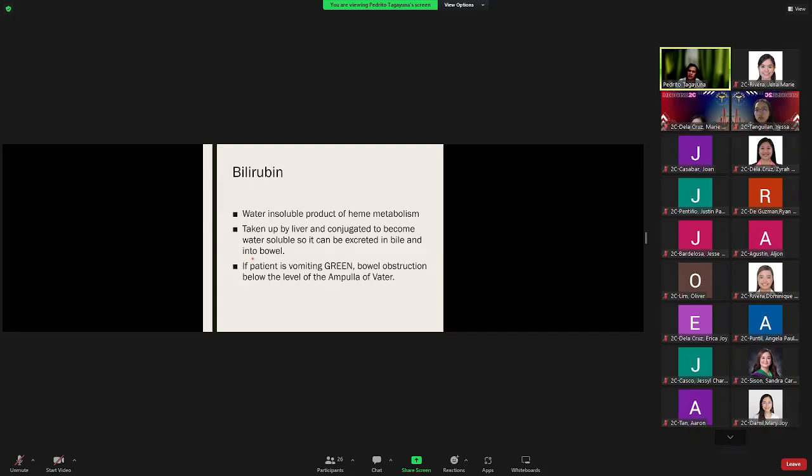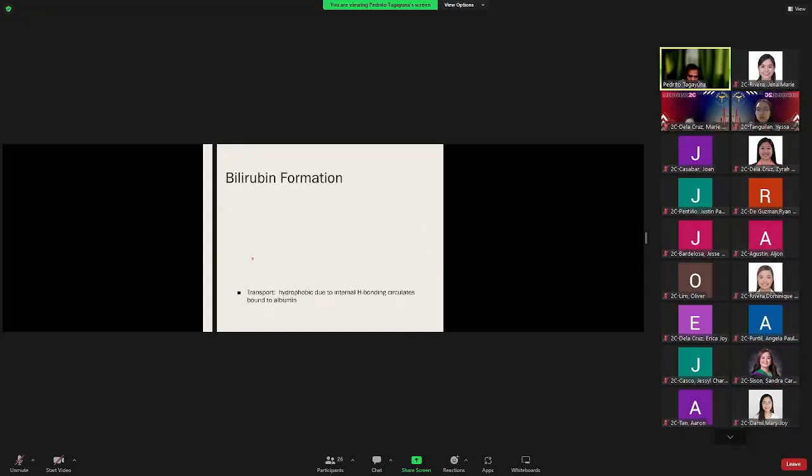That's why this is a good indicator if you are suspecting obstruction. If the obstruction is below the ampulla, the vomitus will be greenish. But if it's above it, then you will not see the green coloration of bile because it's above the point of excretion to the intestine.